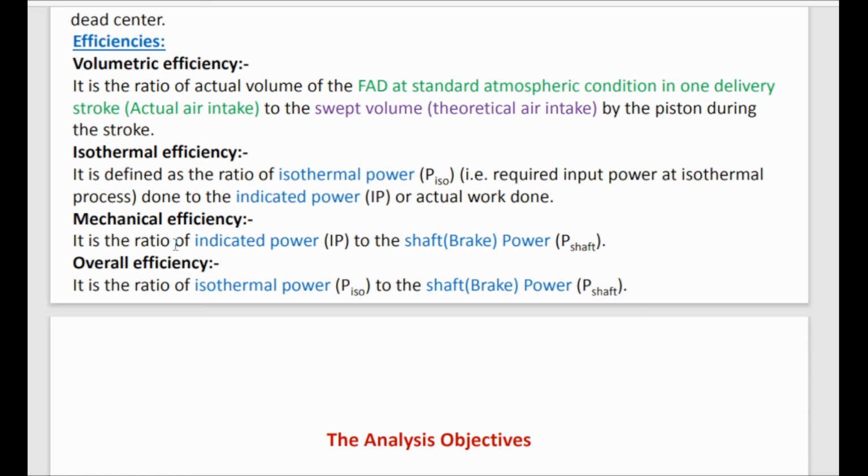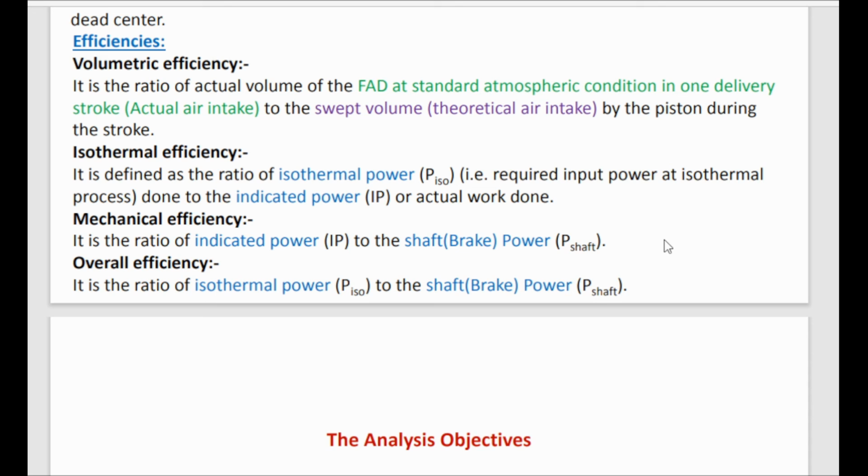Now mechanical efficiency is the ratio of indicated power to the shaft power. So what happens here, when we put in electrical energy, it is converted to the mechanical power of the compressor. In between there will be some losses, obviously. In the electrical motor also there will be some losses.